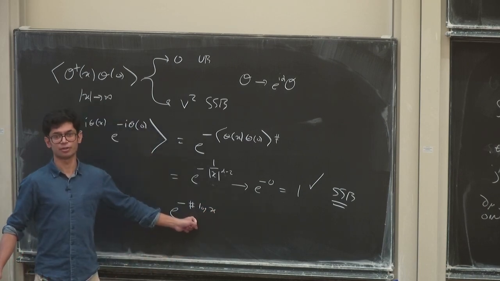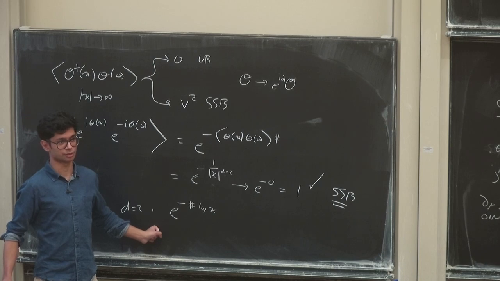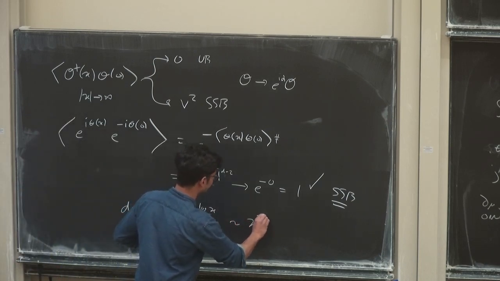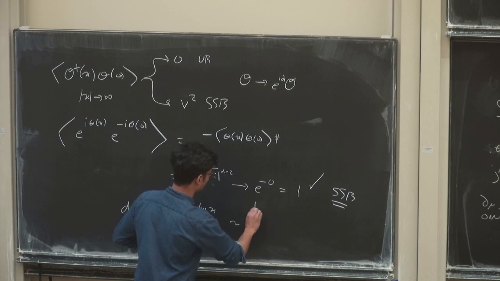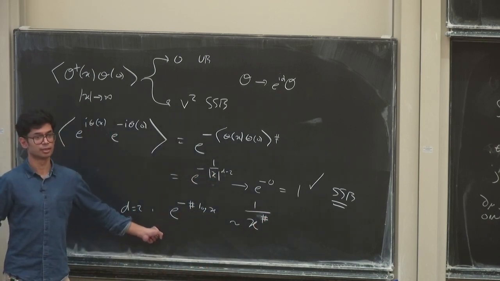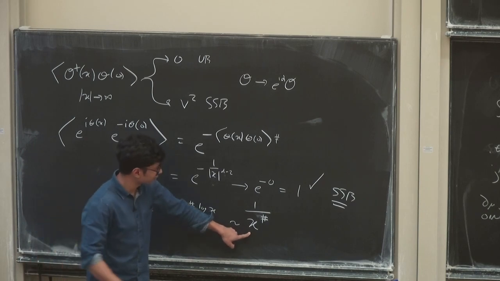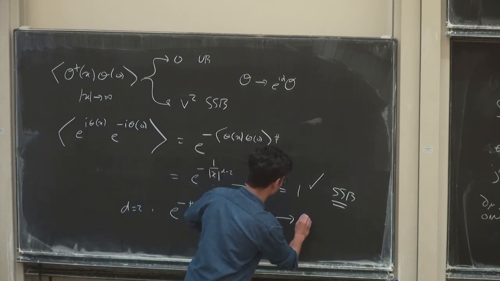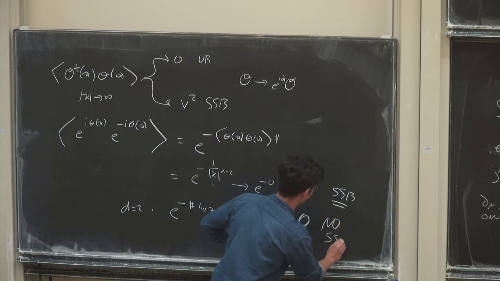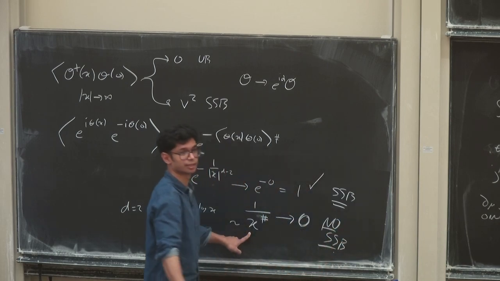That's what you would have found in d equals 2 dimensions, which means this goes like basically 1 over x to this number. Notice as x goes to infinity, this now goes to 0, and then there is no spontaneous symmetry breaking.